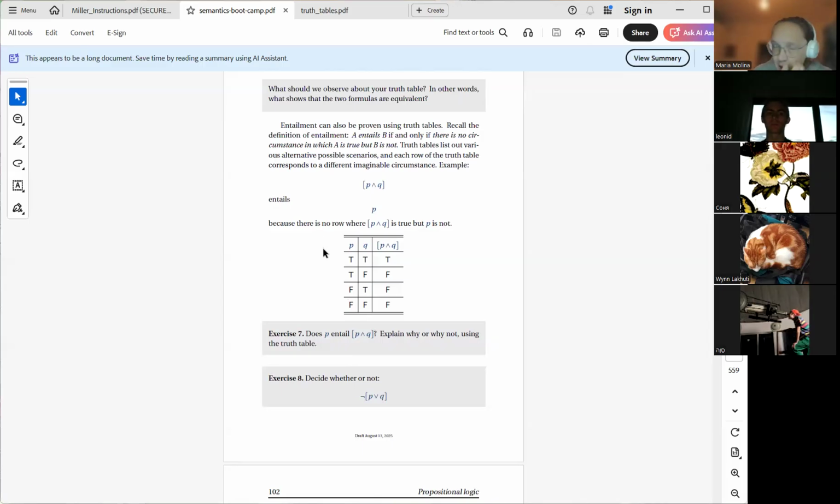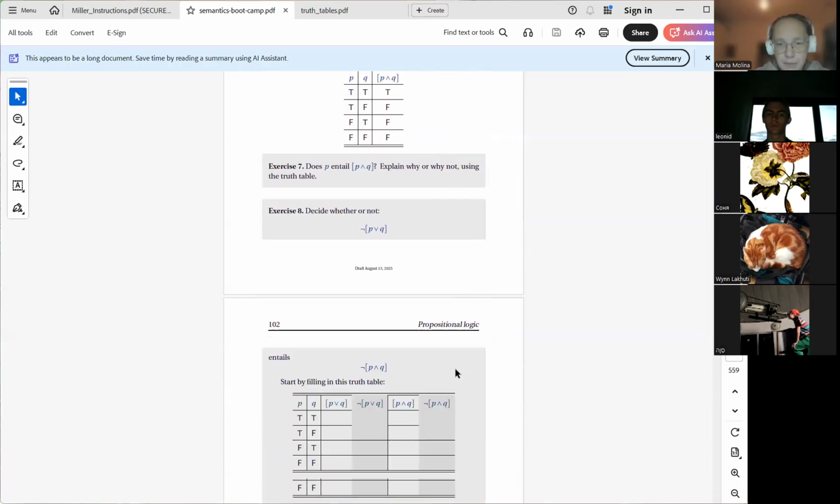There is a row in this truth table where P is true over here, but P and Q is not over here. So P does not entail P and Q. That's why, right?